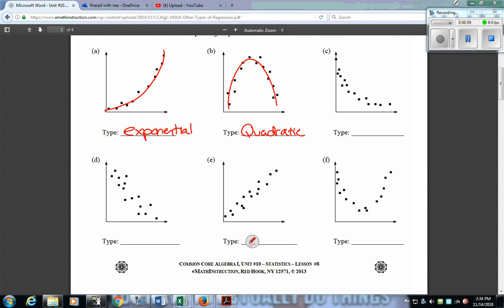And then this third one looks like it's turning as it goes down, so that one would also be exponential, decay in that case. This one looks like it's pretty straight, so it looks like we're going to probably go with a linear. Okay, and then you can do the last two, fill those in yourself, as to which one you think would best fit each of those scatter plots.